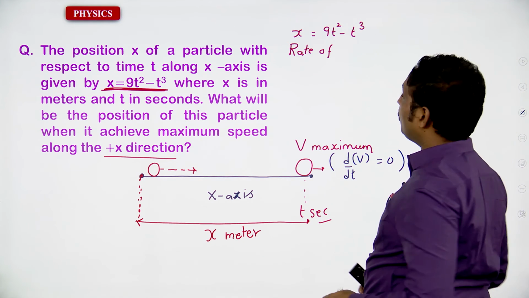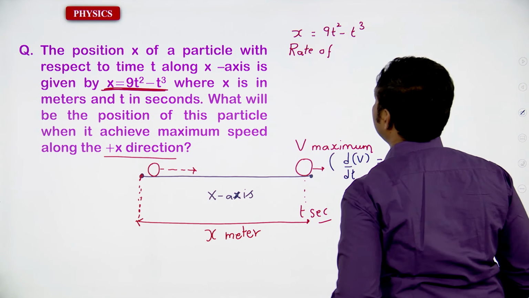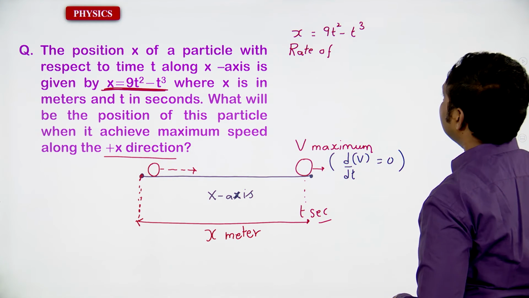We would like to start from x, which has been written, x is equal to 9t square minus t cube.